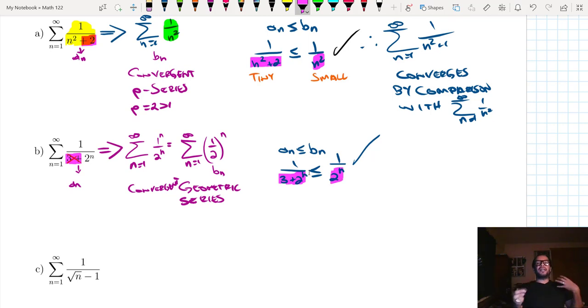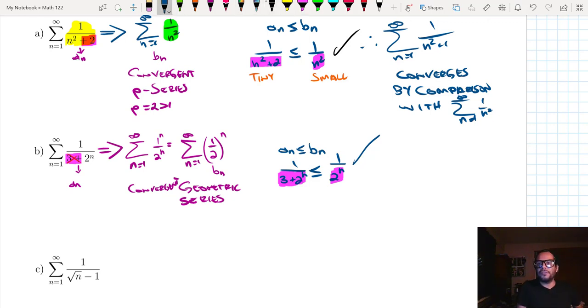The 2 to the n's are there on both sides of the inequality. However, the one on the left-hand side has this additional 3. So adding that 3 will make the denominator bigger, giving us the final quantity a smaller number. And in this case, that quantity is indeed smaller than the one that we have on the right-hand side. So that's why this is true.